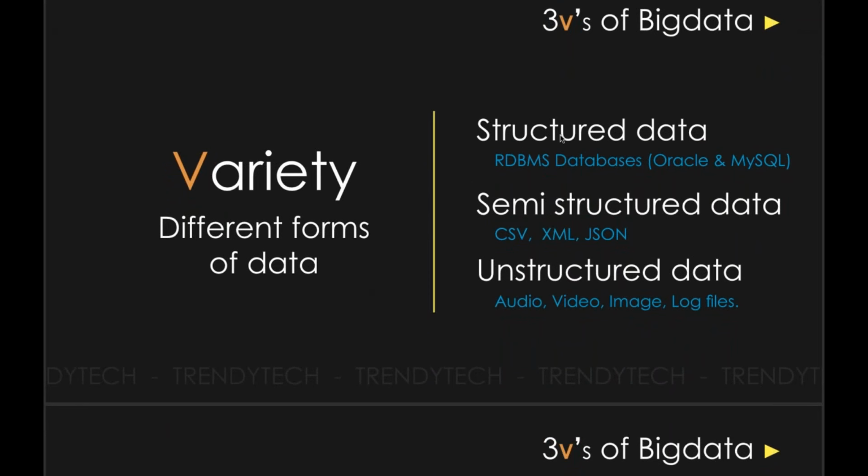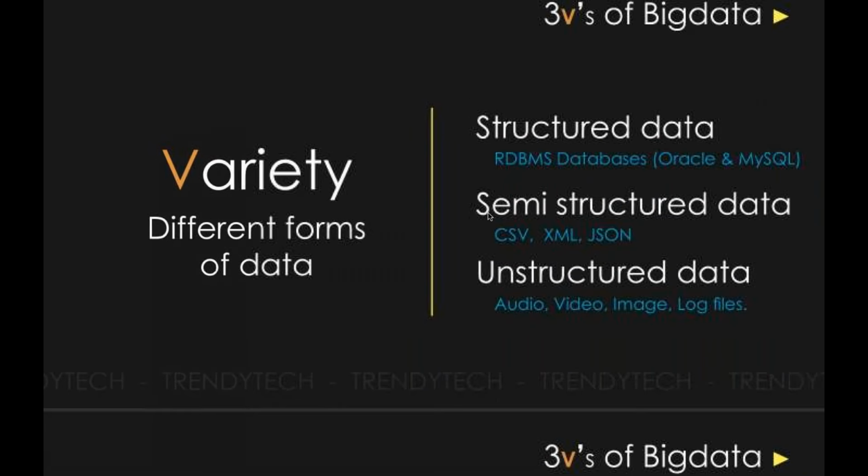When we talk about structured data, the examples can be your RDBMS databases like Oracle, MySQL, or any other database. Semi-structured can be your CSVs, XMLs, and JSONs, right? You know that these have a partial schema associated, not completely, and it's not totally unstructured either.